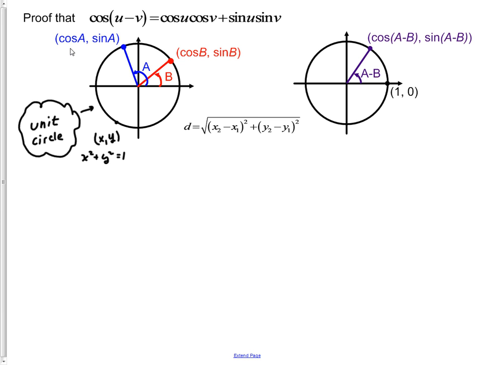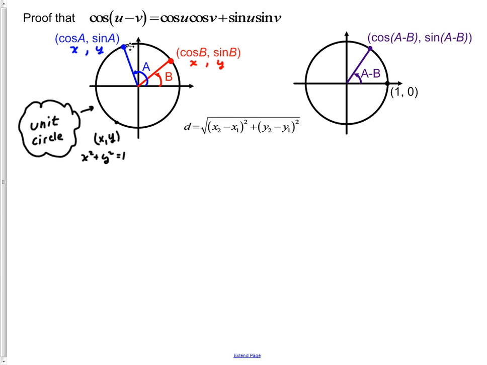So reviewing a little bit, that means that over here, at this point corresponding to angle A in standard position, the x coordinate is cosine of A, and the y coordinate is the sine of A. Meanwhile, over here for angle B, the x coordinate is the cosine of B, and the y coordinate is the sine of B.